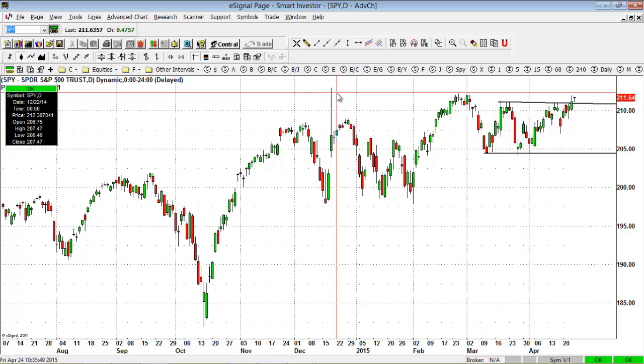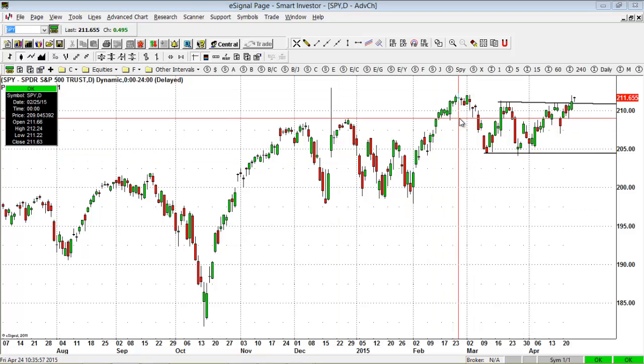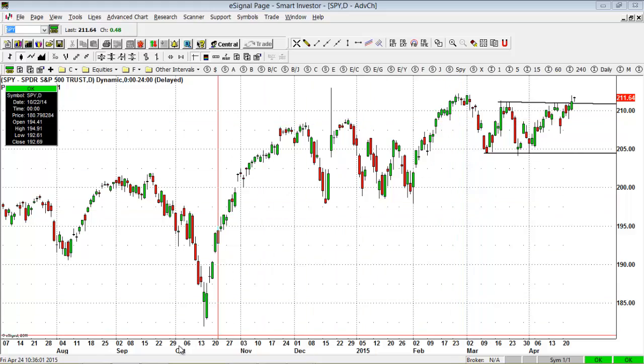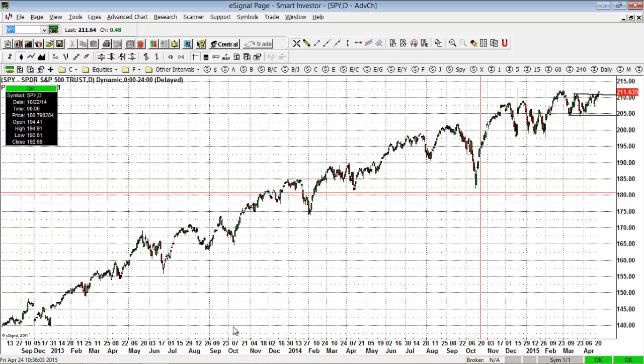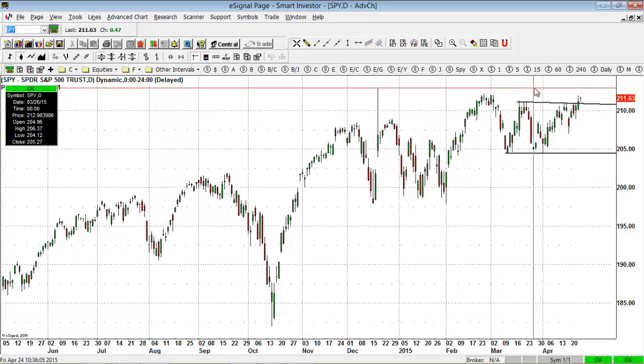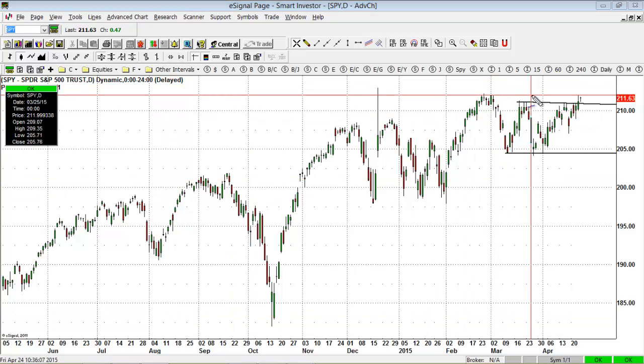The next area of resistance is the all-time high up near this 212 area. This 212.24 area should provide some resistance. And if the market is able to break above the 212 area, that would be good for the bulls.